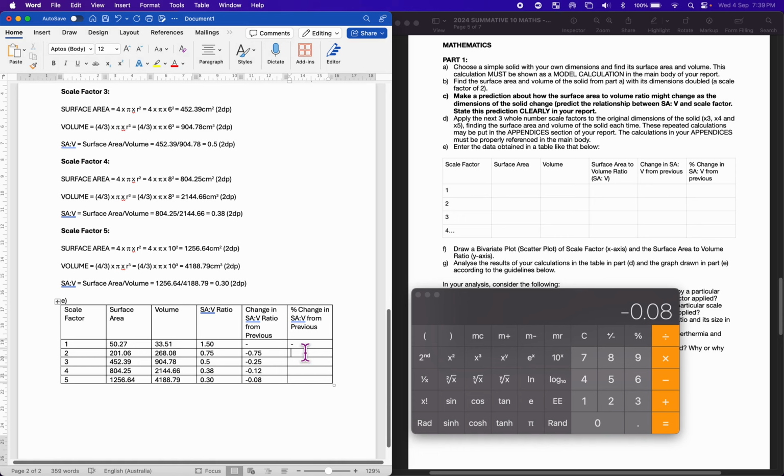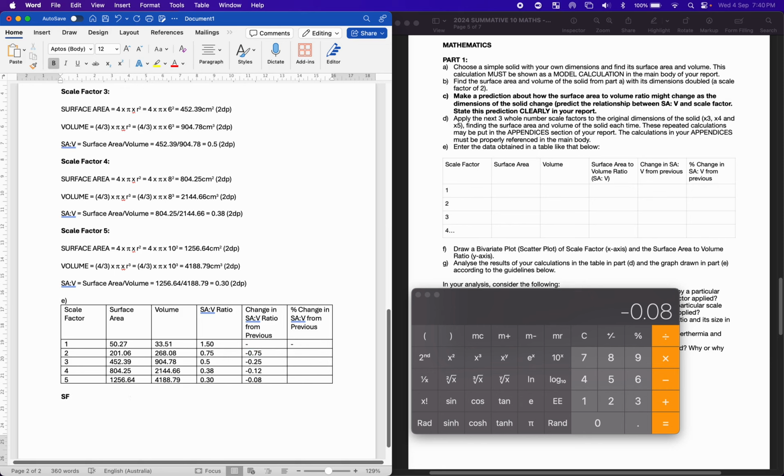What is the percent change in SAV from previous? So what you're doing is getting this number here, the change, dividing it by the number up and left of it, and then timesing the answer by 100% to get the percentage change. So I'll do the maths here.